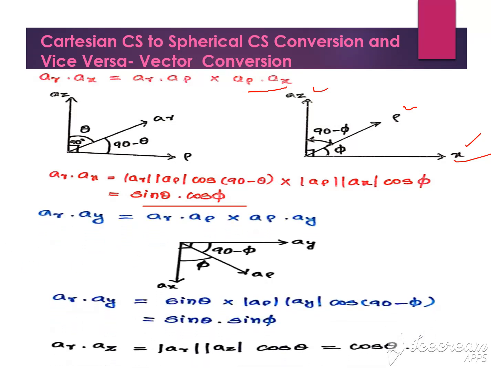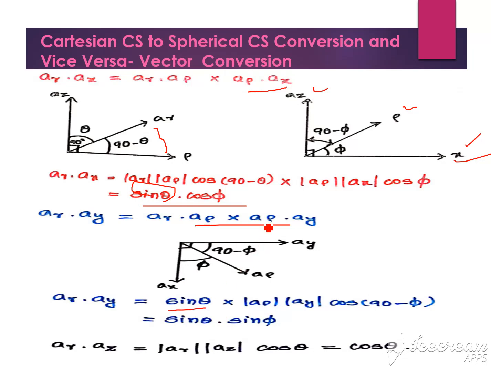Next term, AR dot AY: simply multiply with A rho, then we get AR dot A rho multiplied with A rho dot AY. The angle between AR and A rho is 90 minus theta, so again we get sin theta for the first term.